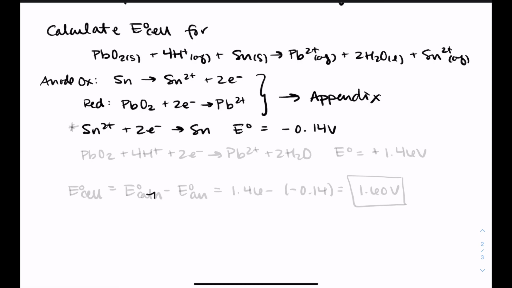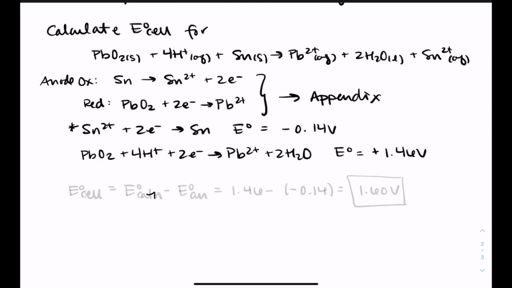So tin 2 plus 2 electrons turning into tin, right? This is written as the reduction form because that's how it appears in the appendix. The standard potential for this electrode is negative 0.14 volts. And then the lead 4 oxide plus 4H plus 2 electrons making lead 2 plus and 2 waters. The standard electrode potential is plus 1.46.